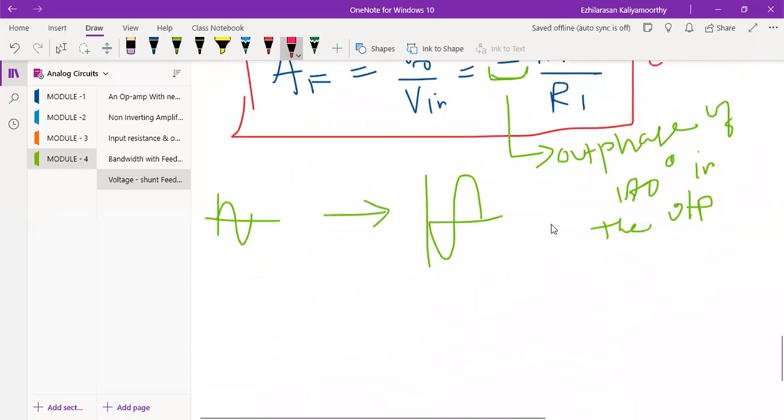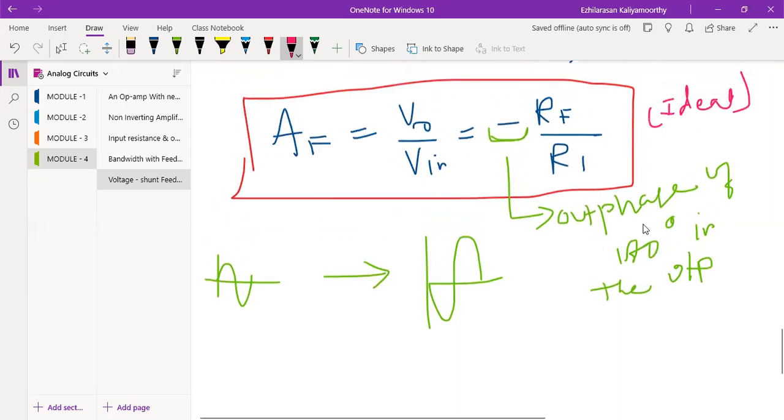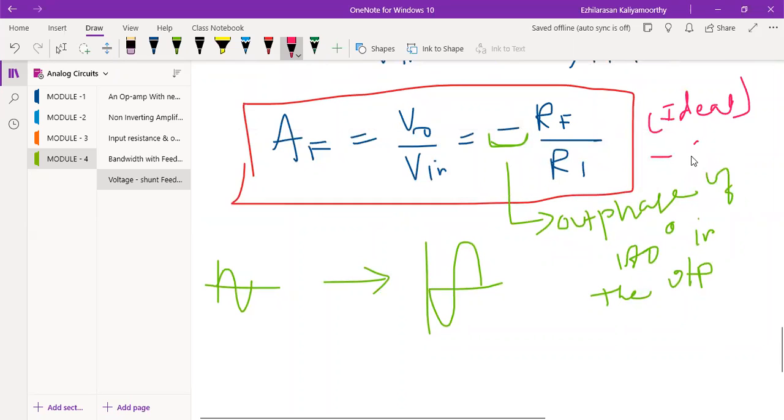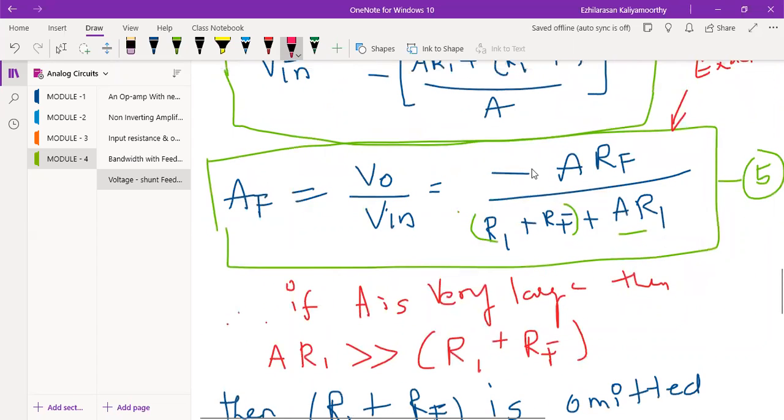Now let us rewrite the same equation number 5. I will take this as equation number 6. Let us rewrite it in the feedback form for the following two reasons. One, it facilitates the analysis of the inverting amplifier with feedback.